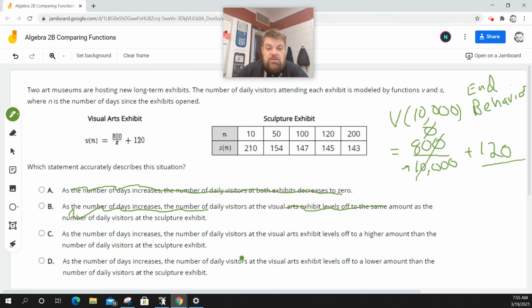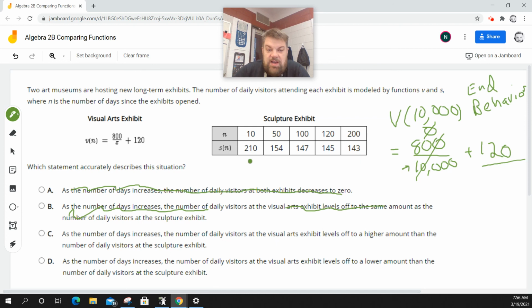As the number of days increases, the number of daily visitors for the visual arts levels off to a higher amount than the number of daily visitors at the sculpture. That's kind of true to some degree, but it takes a while. You have to make an assumption.